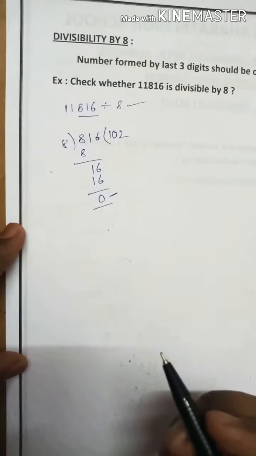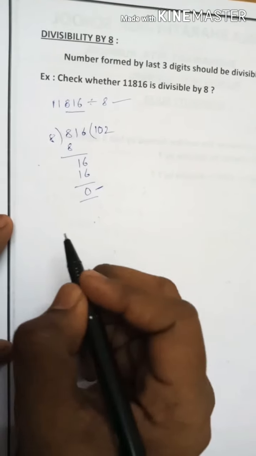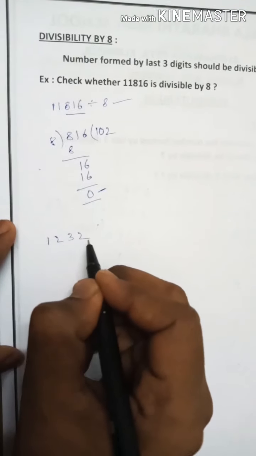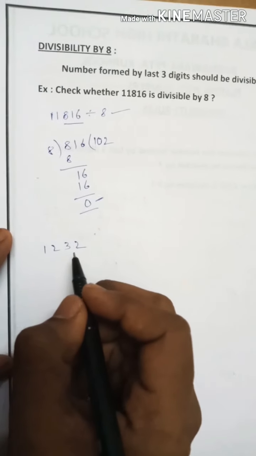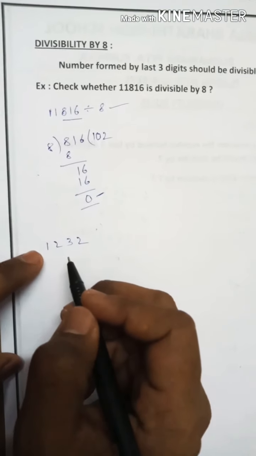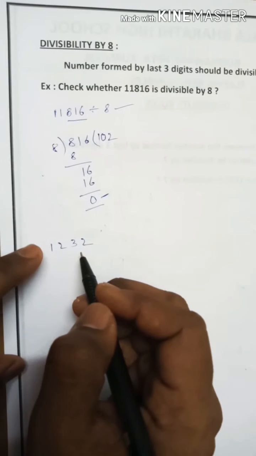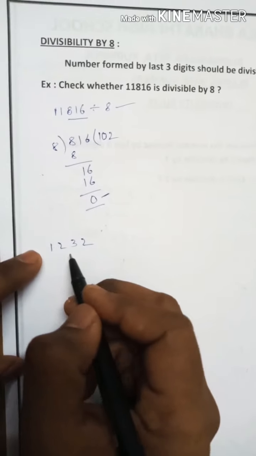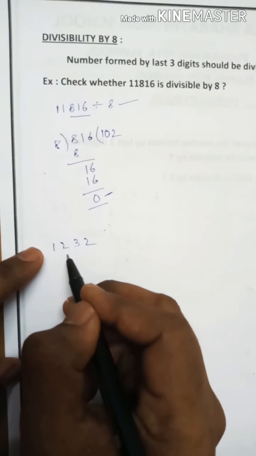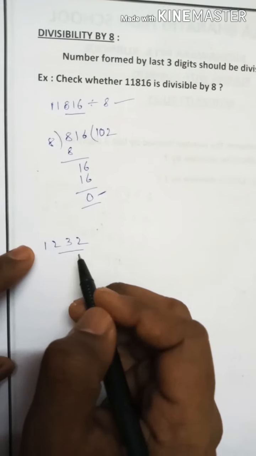Okay, now let us take one more example. So I am taking 1232. Check whether 1232 is divisible by 8 or not. If you observe this number carefully, there are totally 4 digits. Now what we need to do is take the last 3 digits. In this number, last 3 digits are 232, that is 232.